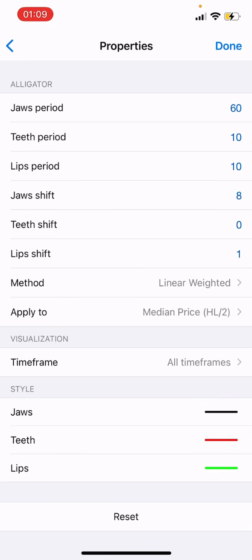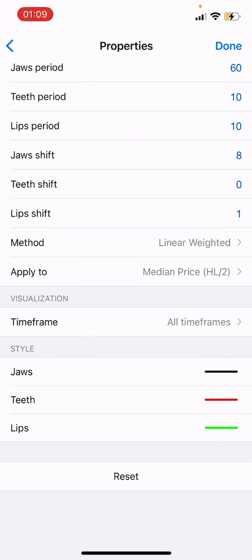settings of the alligator. Jaw period is 60, teeth period is 10, lips period is 10, jaw shift is 8, teeth shift is 0, lips shift is 1, then method is linear weighted, then apply to is median price, HL over 2.